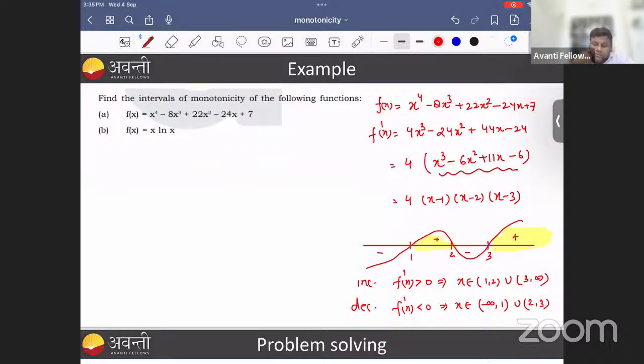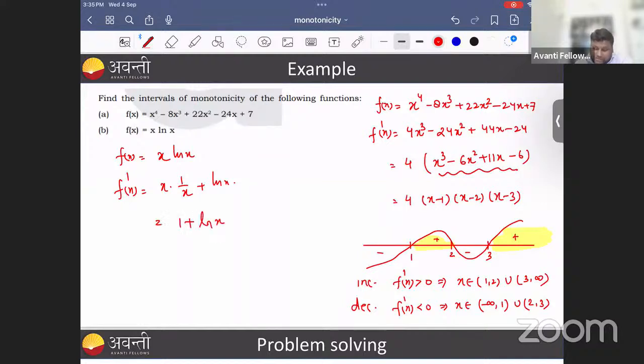So this is how we check for the increasing and decreasing behavior of the function. Now see B part. Say f(x) equals x ln x. What is f dash x? First into derivative of second plus second into derivative of first, which is 1. So it is going to be 1 plus ln x.